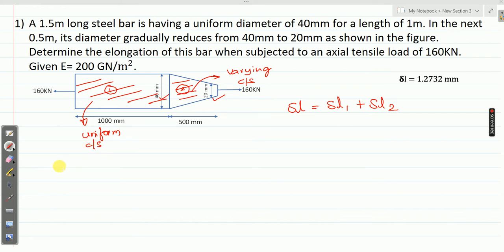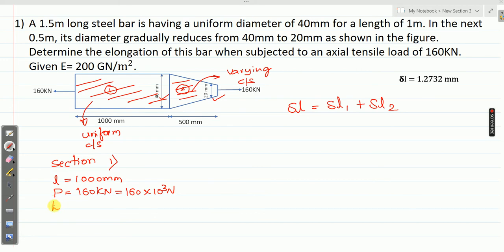Let me list the given data. First, for section 1, length will be 1000 millimeter and axial load will be 160 kilonewton, which is equal to 160 into 10 raised to 3 Newton.